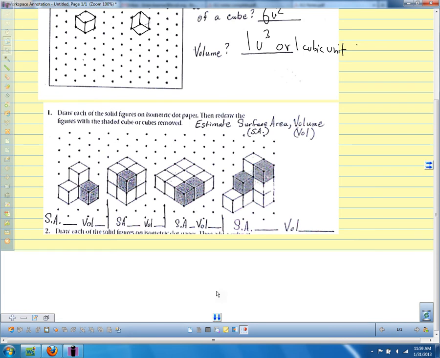We want to find the surface area and volume of these shapes. Let's start with the volumes first. The volume of this shape, we're just counting up. Actually, we'll start with this shape. When we have a drawing like this, anytime that a cube is up like this, we're going to say that even though we can't see it, there's another one underneath that has to hold it up.